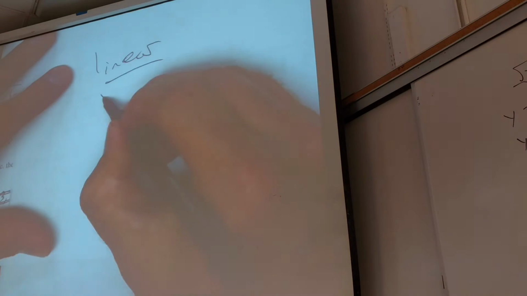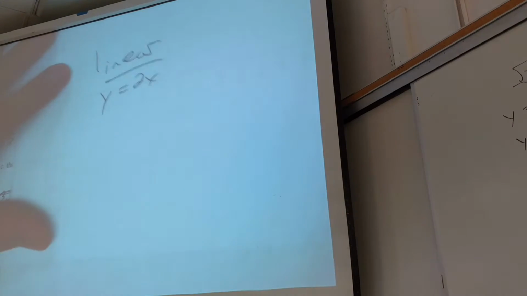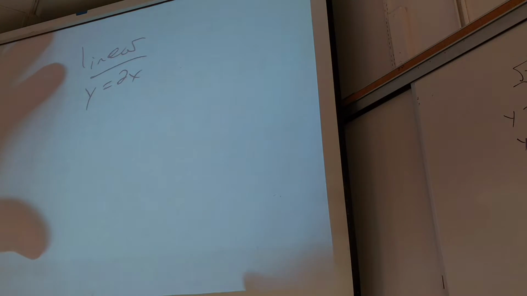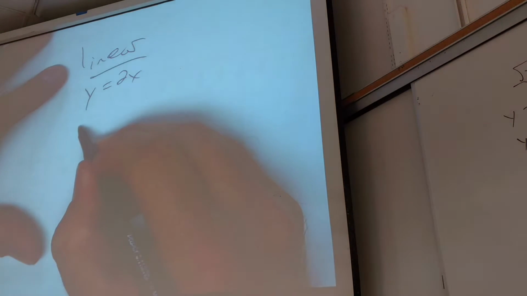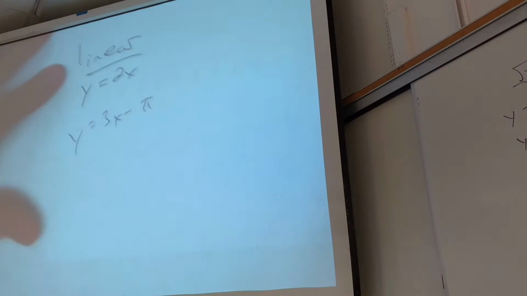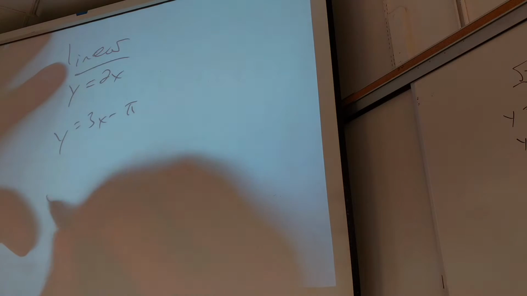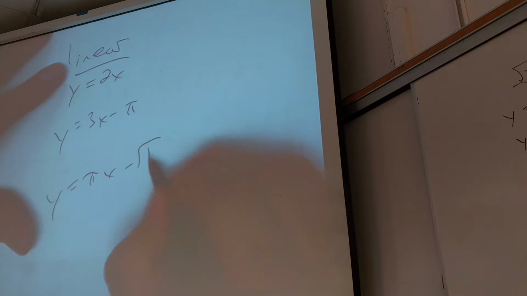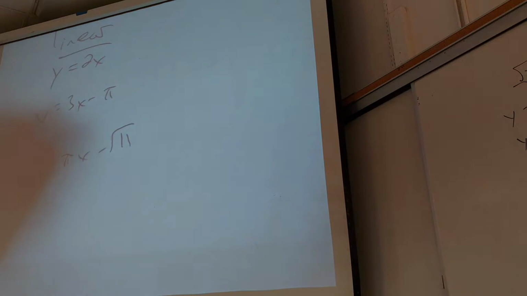I like it. So y equals 2x. That's linear. Give me another one. Y equals 3x. Y equals 3x minus pi. That's a linear function all day long. Y equals pi x minus the square root of 11. That's a linear function all day long. Gross linear functions, I don't want to graph those things, but they're linear.